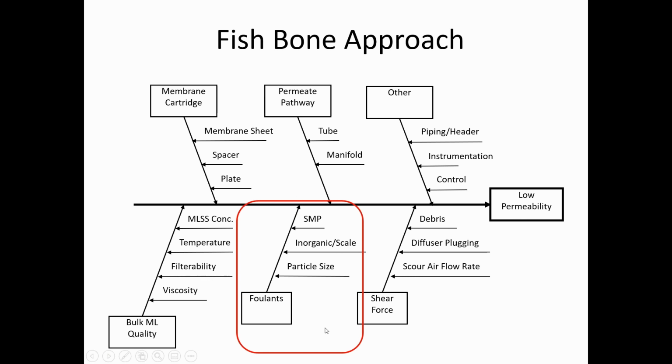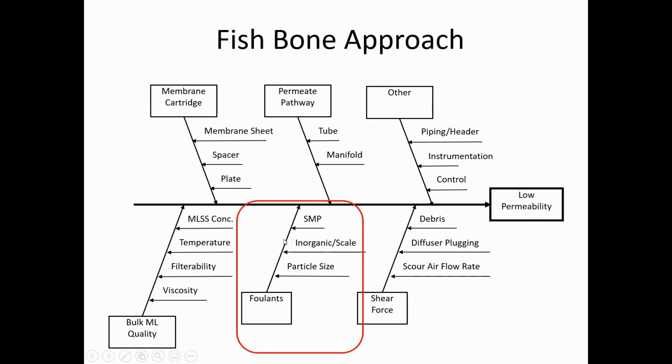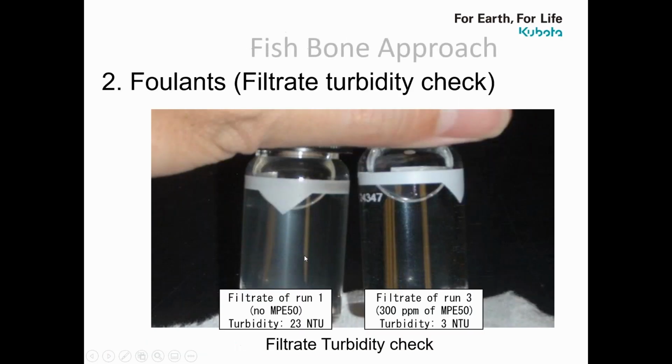We also check for any fouling materials, foulants, coming into the plant. Sometimes we do a turbidity check of the filtrate of this filterability test. So we take this filtrate and do filterability testing. Some plants had a very cloudy situation. That means you have a lot of soluble COD, and I kind of explain soluble COD as leftover pizzas.